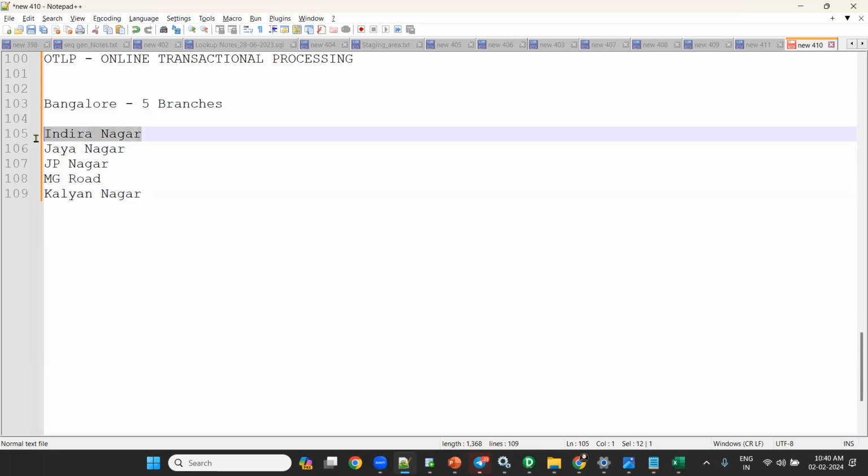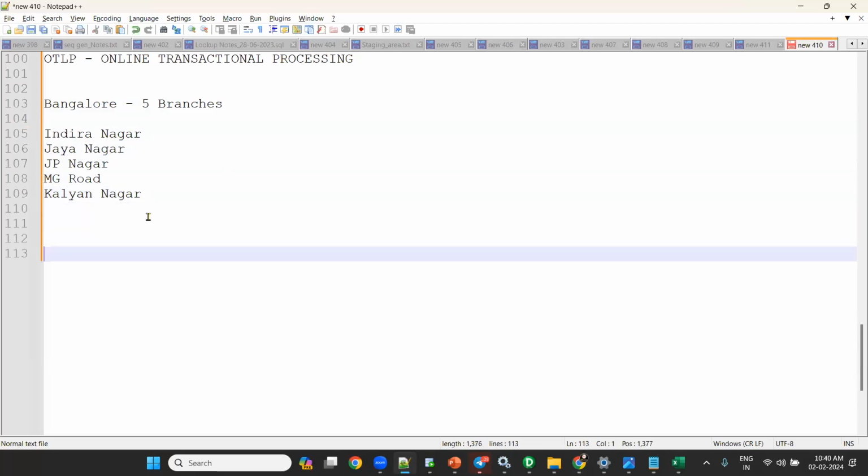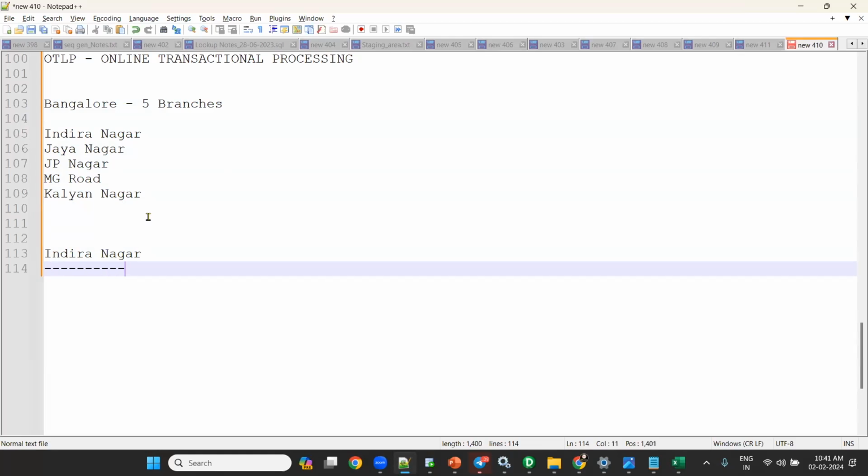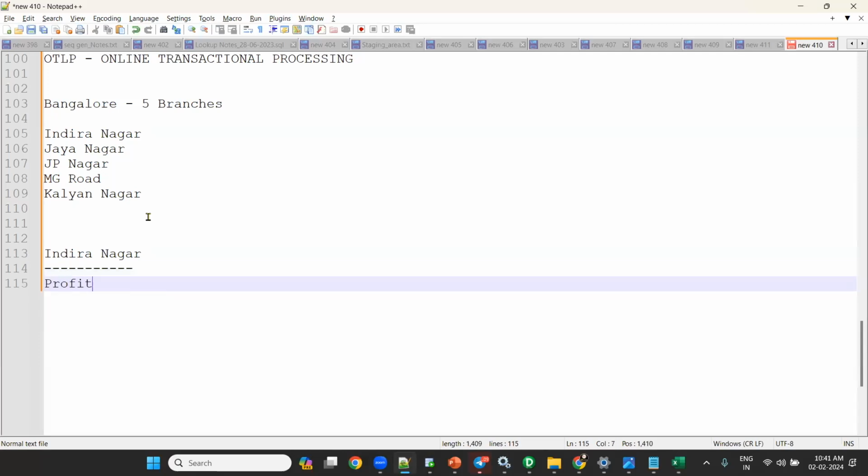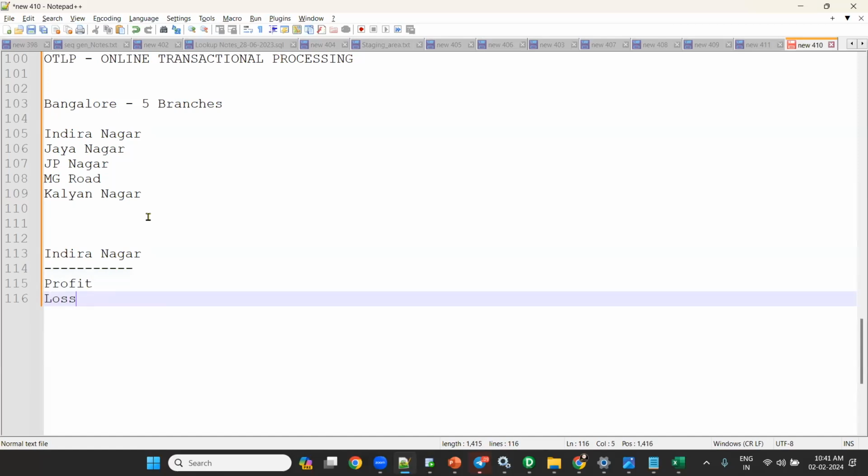For example, I'll take Indiranagar. Suppose I am the Big Bazaar owner. At the end of the day, what will I see? I will see either I got profit or loss, correct?